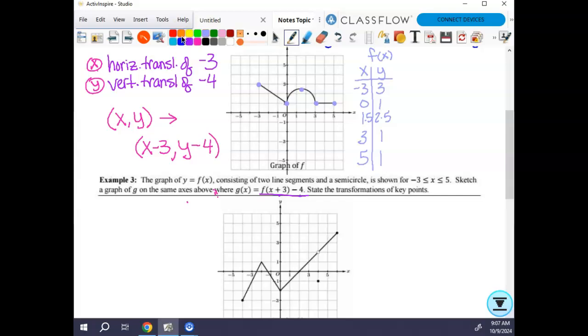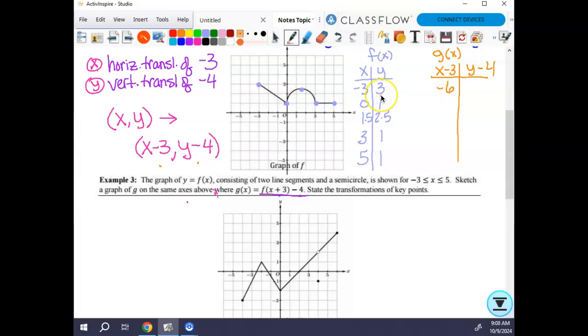Then this would be g of x. And instead of putting x and y there, I'm going to put these 2 things there. So x minus 3 and y minus 4. So for this, negative 3, I'd do negative 3 minus 3. That would give me negative 6.